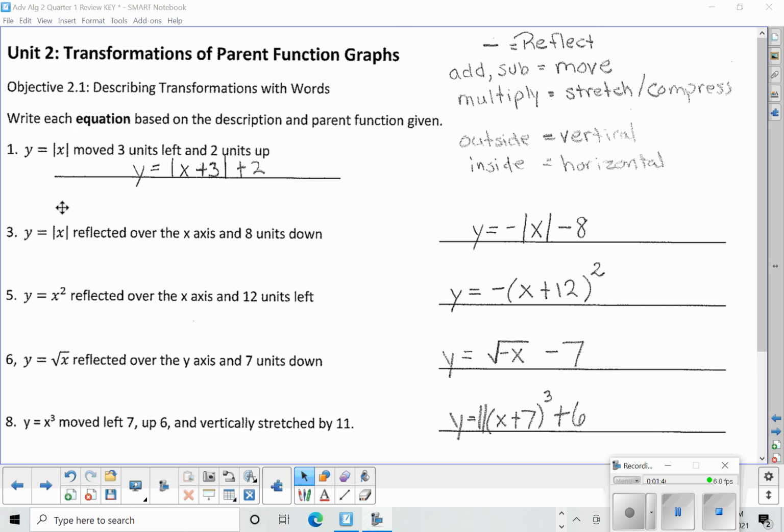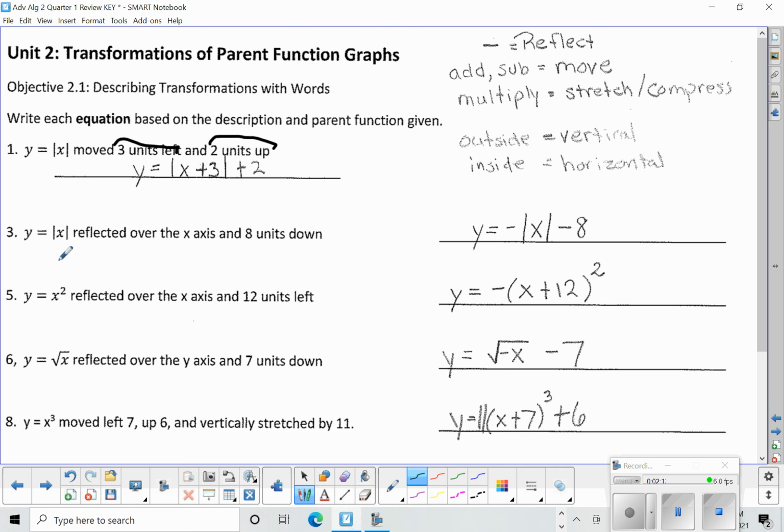So what happens is I'm looking right here, 3 units left. That indicates I'm going to be on the inside. Since left, we usually think about subtracting. Remember, on the inside, my x lies to me. It's going to be plus 3. The 2 units up will be on the outside. That's exactly what it sounds like, plus 2.